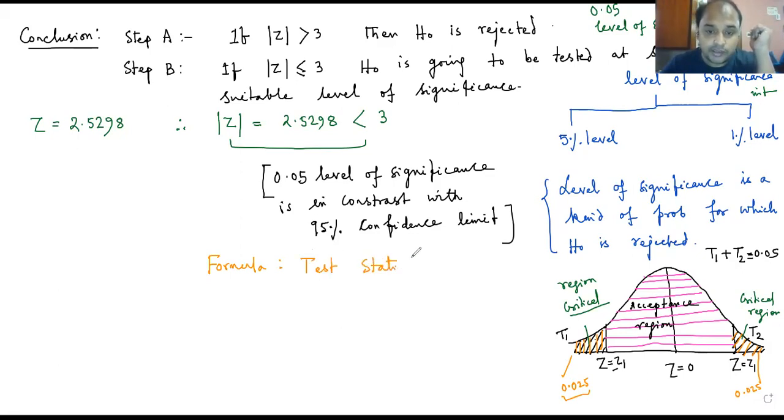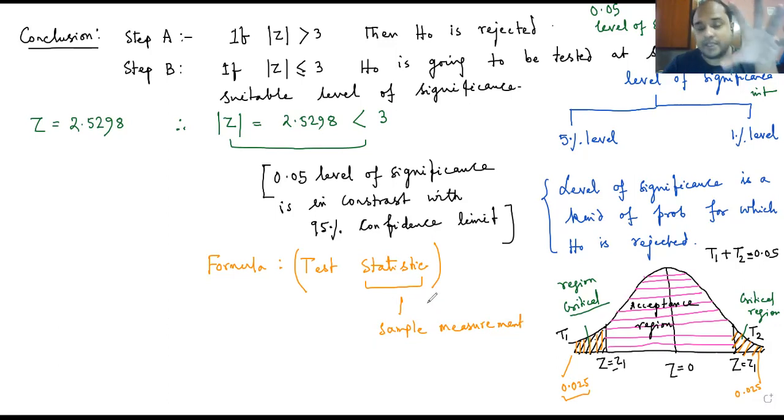I hope you are noting down everything properly. What is statistic? Statistic means sample observation. Any sample measurement is called statistic, and we are testing the sample measurements. Therefore, any formula is called test statistic.